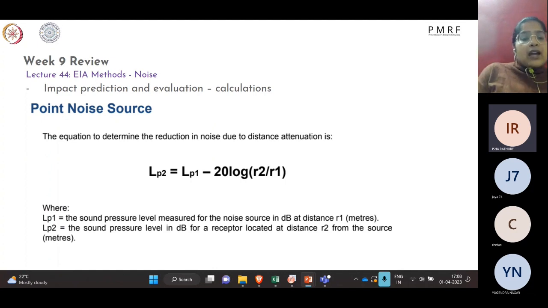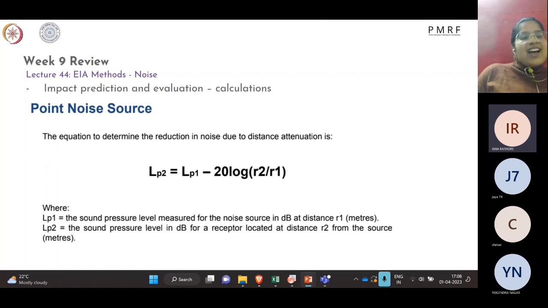And the sound pressure, you subtract this value, which is 20 log R2 by R1, which is the distance between point 1 and point 2. So R2 and R1 from the source. And then you subtract the sound pressure level at point 1 for getting the noise pollution at point 2.